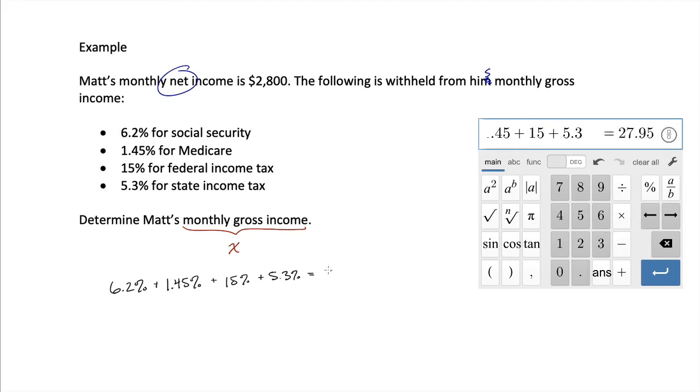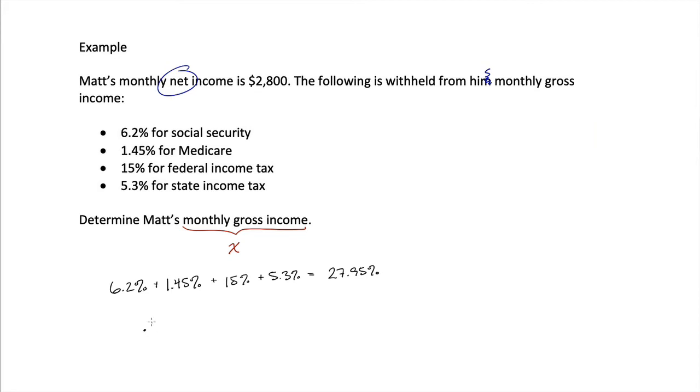All right, and we get 27.95%. So if I take that and convert it into a decimal, I get 0.2795. And that times X is deductions, monthly deductions. So I'm going to go ahead and just label that monthly deductions.